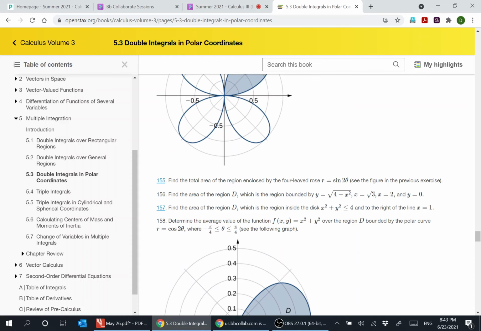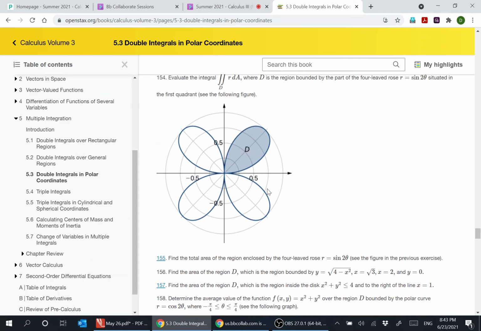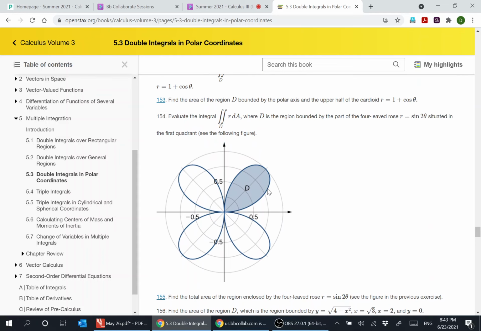Oh, find the total area. This is the 154. But wait a minute, you can't do the double integral of r dA. Well, I guess you can do that. I mean, normally you would say the double integral over D of like x dA or something like that. So in 155, let's forget about that.